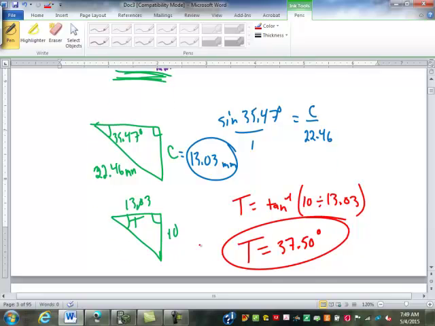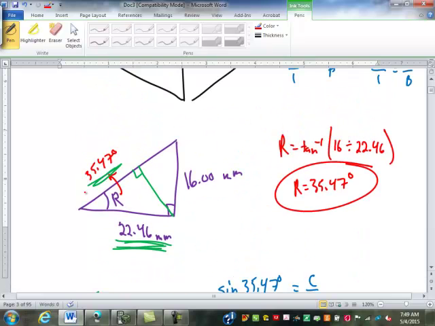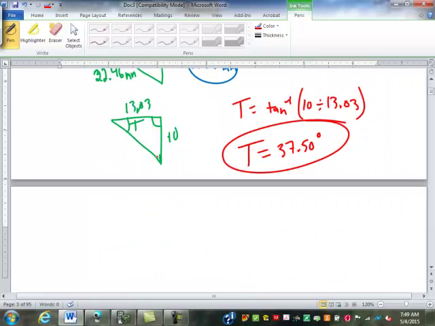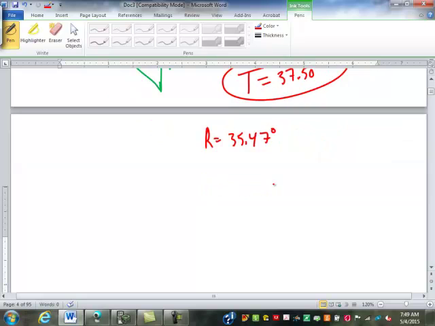So again, what all this means, we have 35.47 there, is to put this on the mill that surface flat, we have to have some sort of a surface beveled at 37.50 degrees.